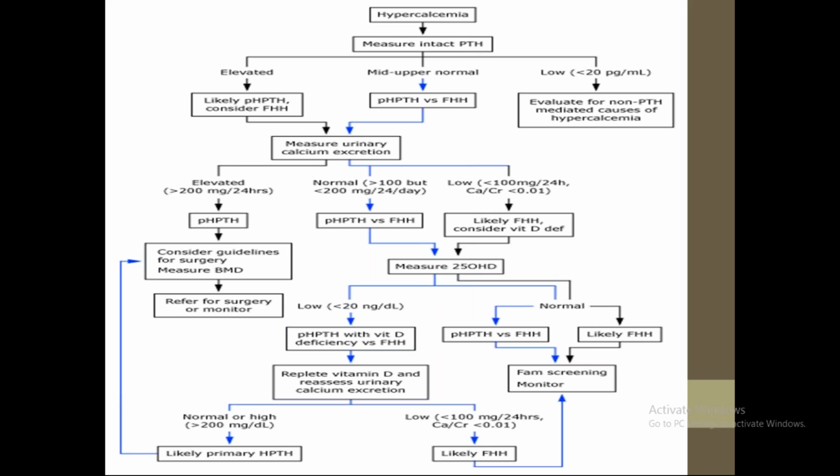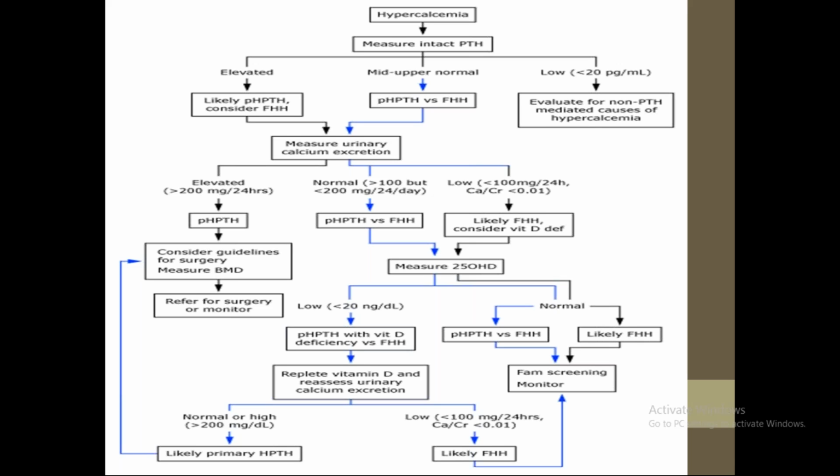Basically, in short, first you measure the parathyroid hormone levels. If it is low, then the hypercalcemia can be because of other reasons. If it is elevated or mid-upper normal, two things: one is familial hypocalciuric hypercalcemia, and the other is primary hyperparathyroidism.